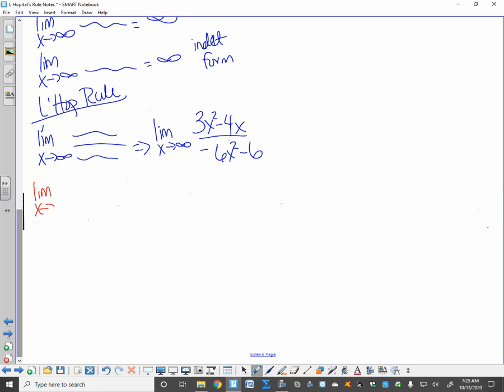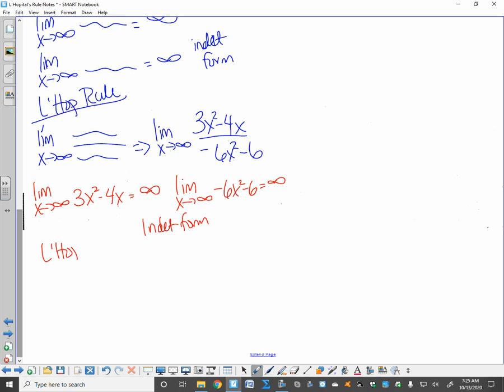So now I have to state that the limit as x approaches infinity of 3x squared minus 4x is infinity, and the limit as x approaches infinity of negative 6x squared minus 6 is infinity. That is still indeterminate form.